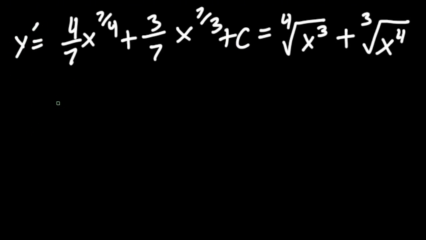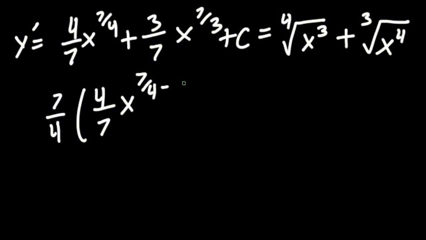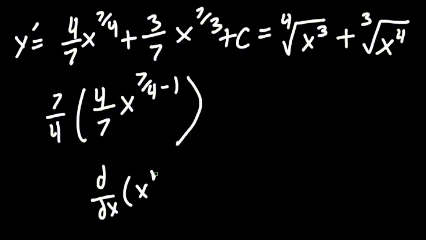So the y prime of this would be 7 fourths times 4 sevenths x raised to 7 fourths minus 1. We simply apply the power rule for differentiation, which is d over dx of x raised to n equals n times x raised to n minus 1.